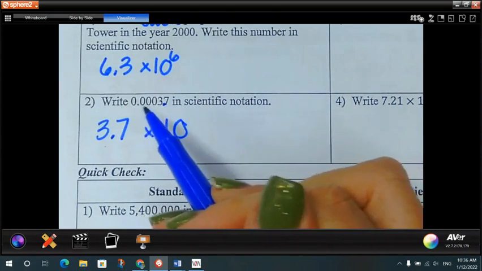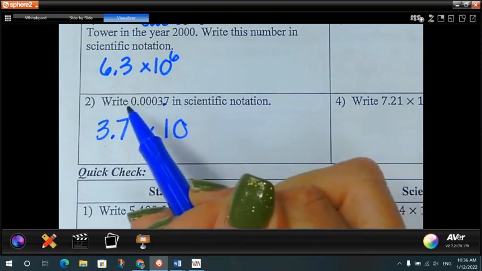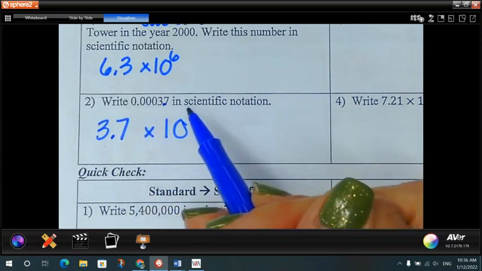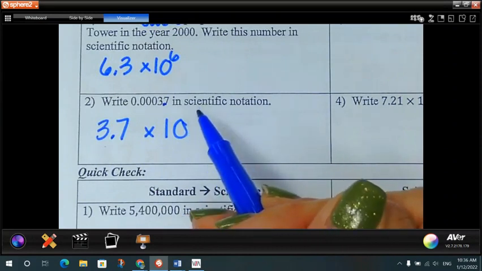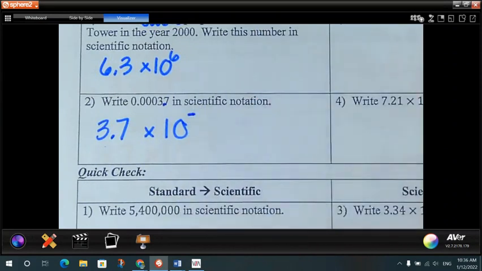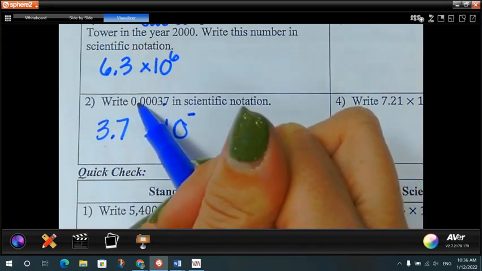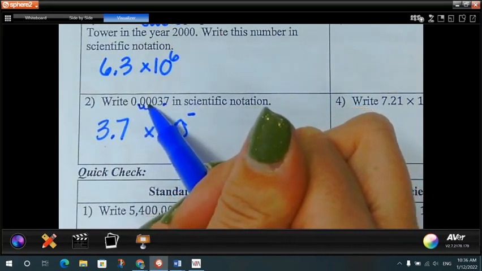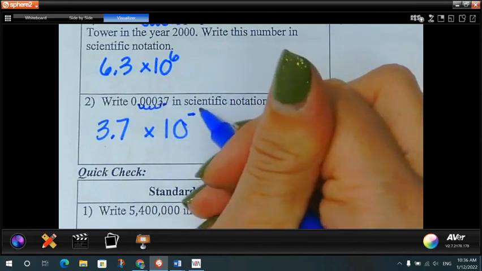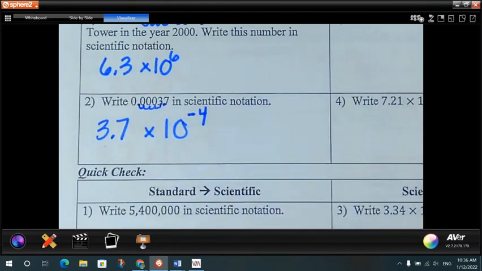And now we are going to write our exponent. This is a tiny number, so my exponent will be negative. Okay, I'm going to put the negative sign there right away. How many places did I move from my old decimal to my new? 1, 2, 3, 4. I moved 4 places. Okay, so that is a negative 4.